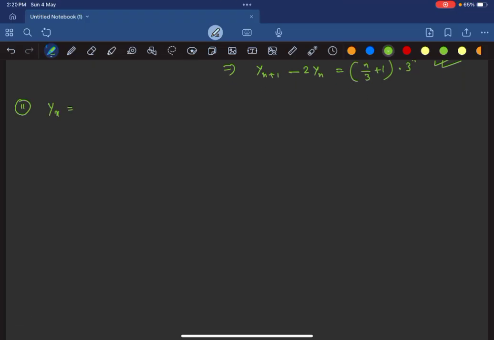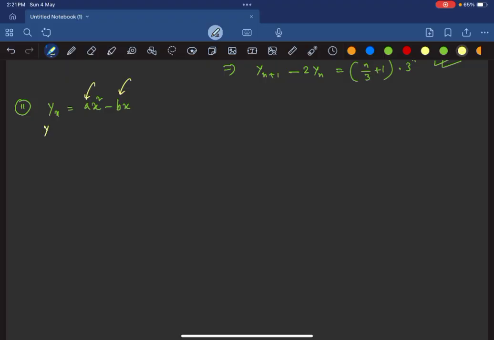y_x, the solution, is given as a x square minus b x. Okay, so instead of n, x is given as the index. So here you can see two arbitrary constants, a and b. These are the two arbitrary constants, so we need to eliminate these two constants. That is guaranteed, the equation will have order 2.